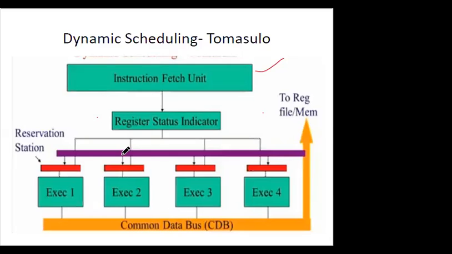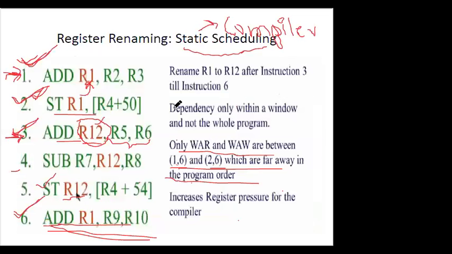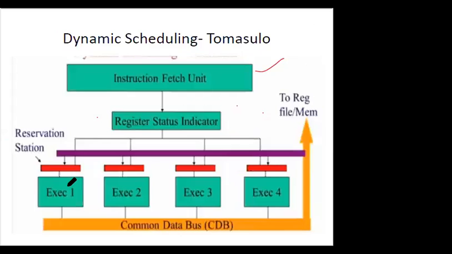As we can see, the store which was waiting for R1, and suppose execution unit 1 has completed its value of R1 and placed that data on the common data bus to be transferred to the register set.